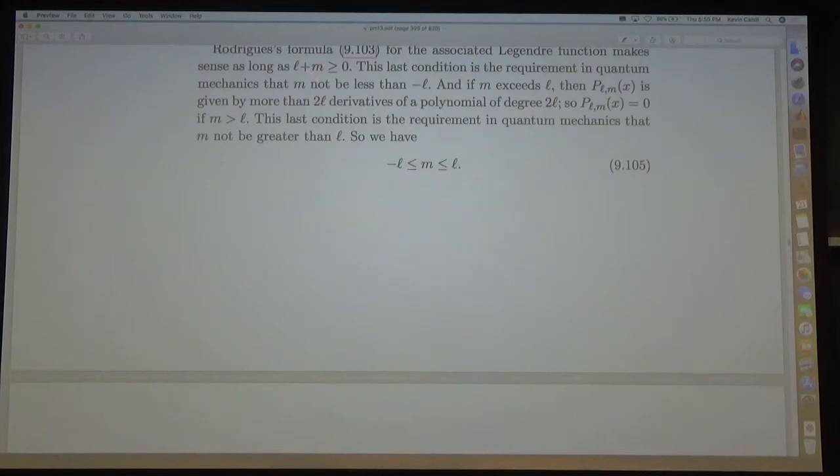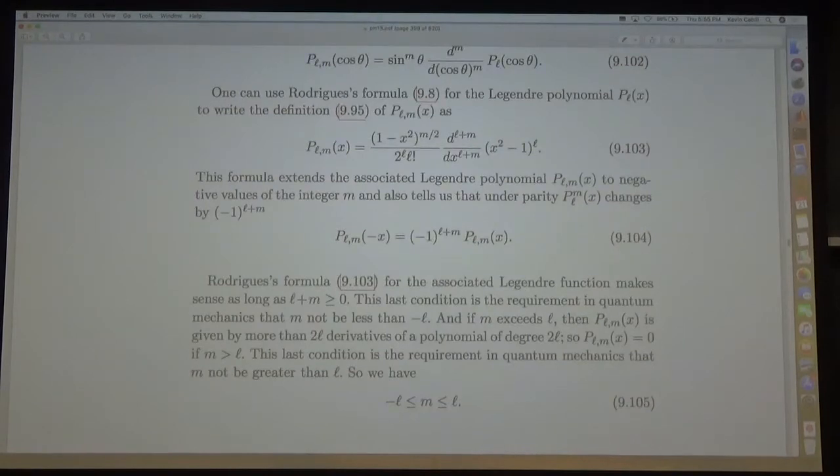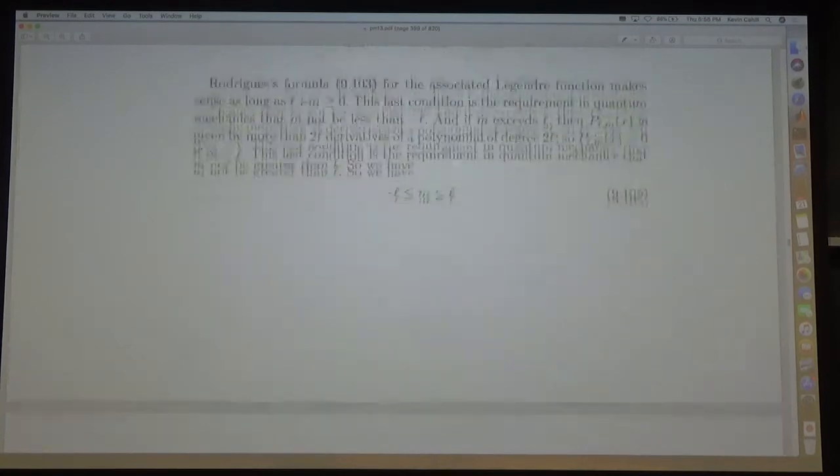But if m was minus L minus 1, the Rodrigues formula wouldn't make any sense. Let me remind you that the Rodrigues formula involves the L plus mth derivative. If that's negative, then that doesn't really work.